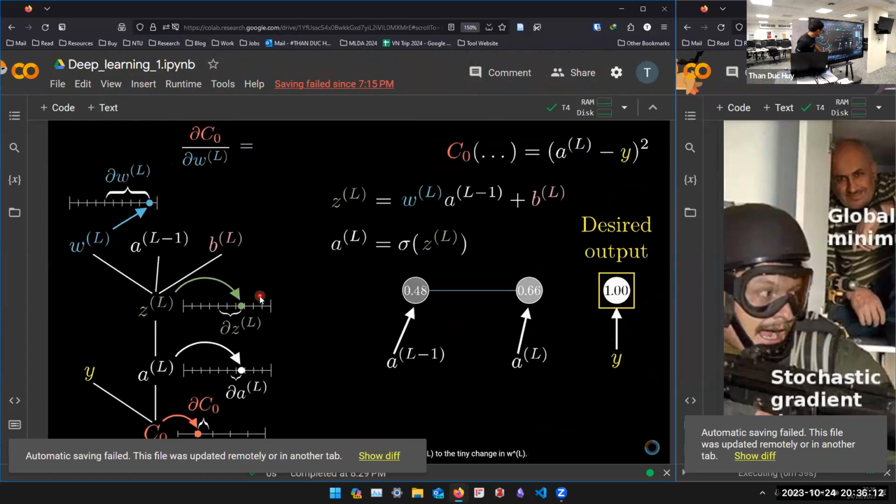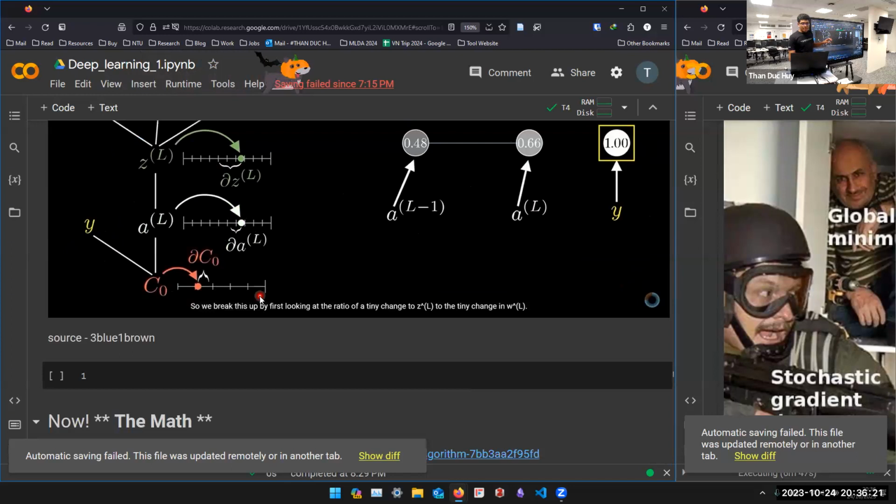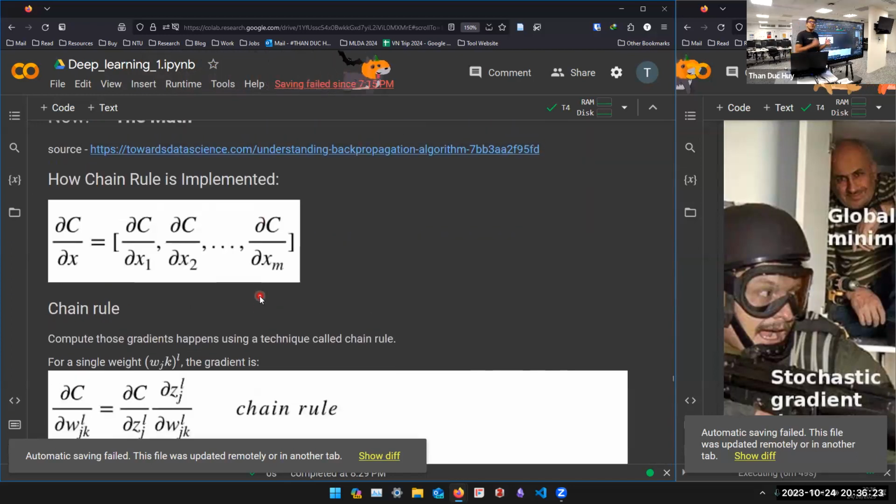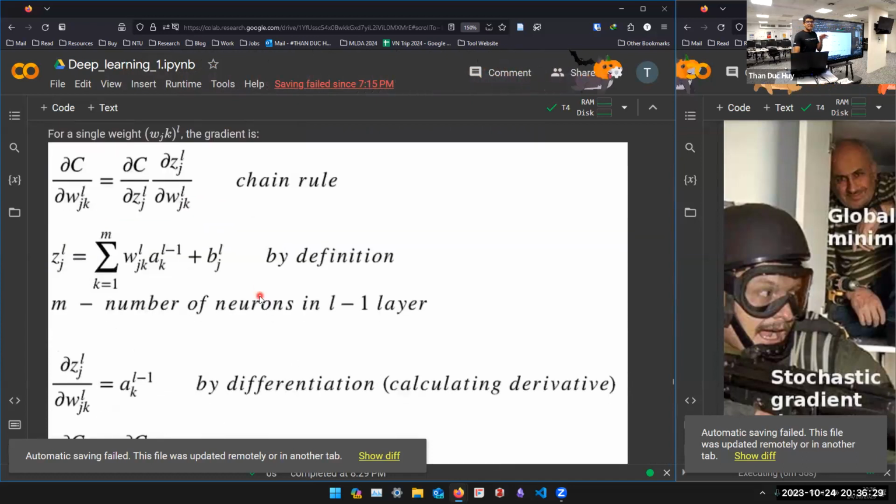You use the chain rule to figure out the individual gradients, the gradient of the loss function with respect to the individual weights and biases, and then you basically tweak them. Gradually, as you tweak them, what you are aiming to do is end up in the lowest spot possible in the loss function.